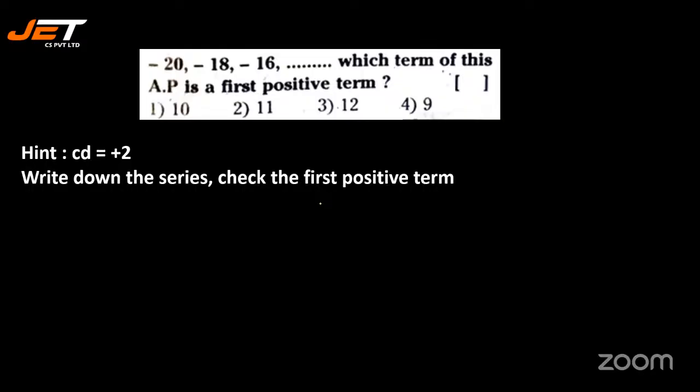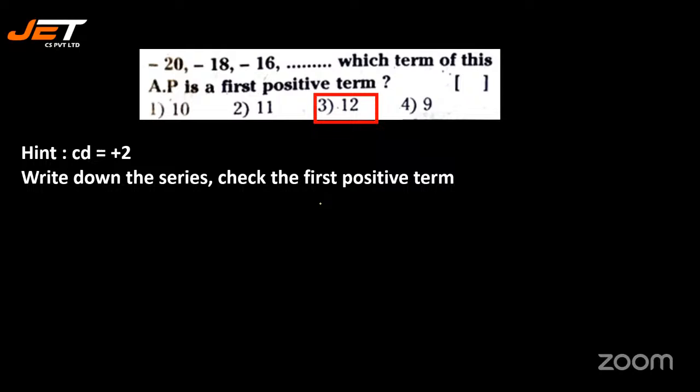Minus 20, minus 18, minus 16, and so on. Which term of this AP is the first positive term? So hint, d is equal to plus 2. So write down the series and check the first positive term. Right? So you will get it as minus 20, minus 18, minus 16, minus 14, then minus 12, and so on.